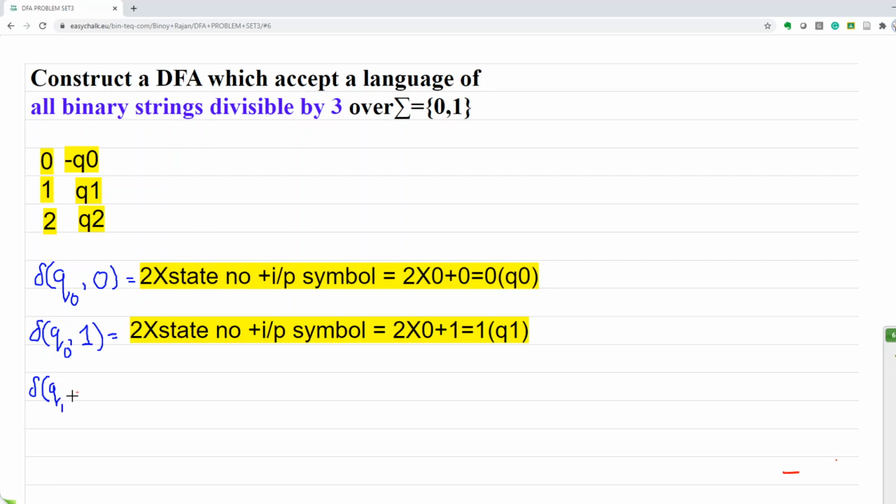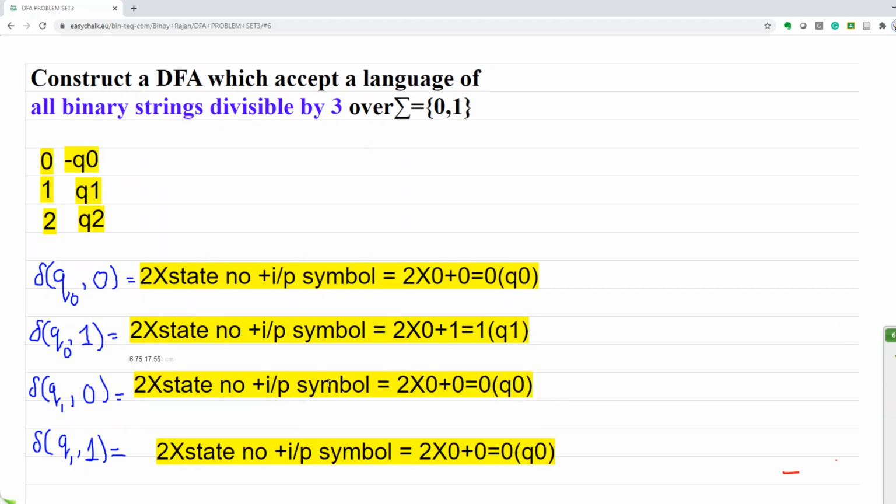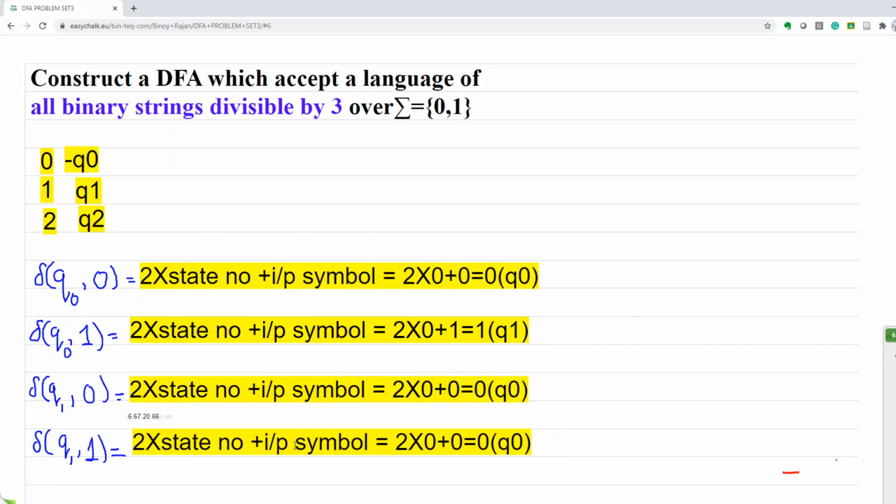So Q1 with respect to 0 input and delta Q1 with respect to 1. Now I'll arrange this.